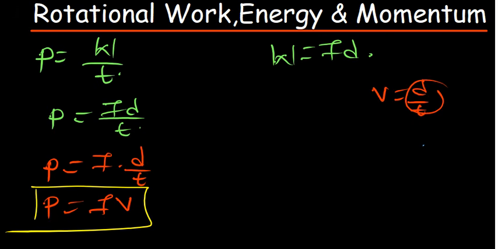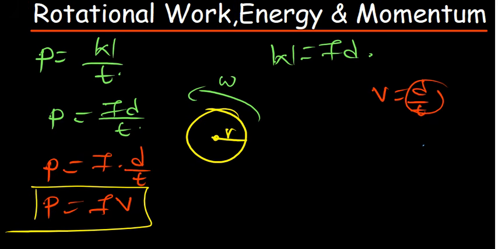Now I'll start from there. When an object is moving around the circle, there is a radius. This object is moving around the circle, so we expect to have angular velocity. Therefore, we know that linear velocity is given by angular velocity times radius. I can replace v with wr. So power will be equal to the force times this.